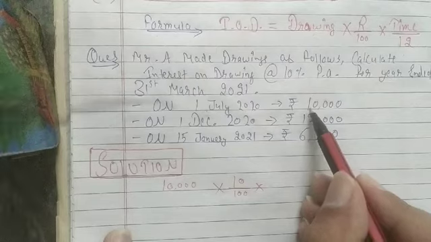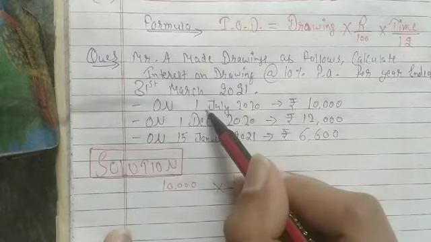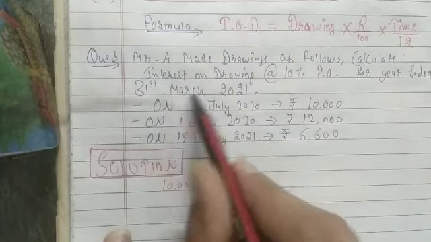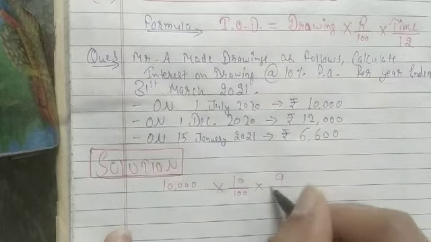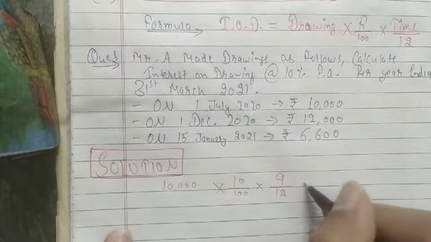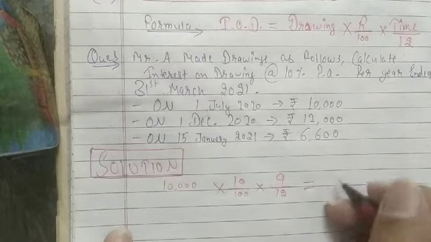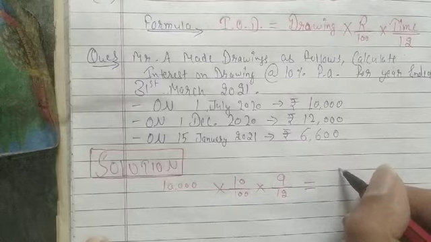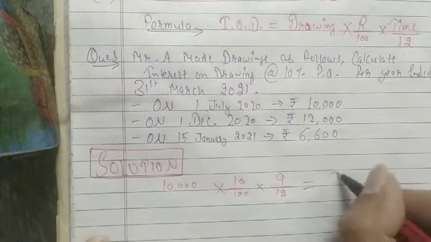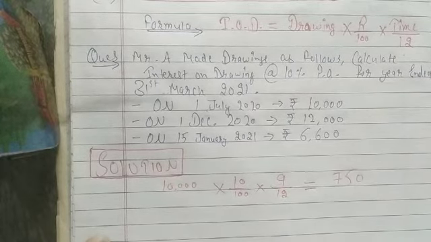Now see, 10,000 is withdrawn on July 1 and the year ended is 31st March. So July to 31st March we have 9 months. So time will be 9 upon 12 and your amount of interest on drawing on 10,000, after calculating it, will be 750 rupees.